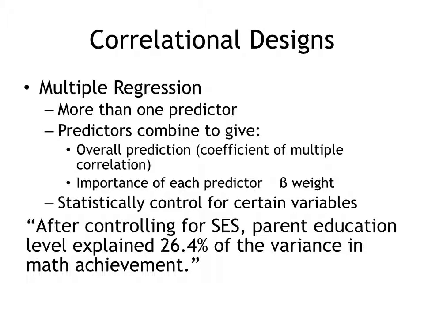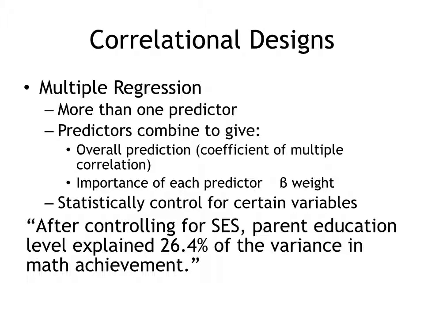So translated, that means that the researcher took parent education and SES, put them together, and found a relationship with math achievement. Then the researcher went in and peeled away the socioeconomic status and was left with the amount that could be explained by the parent education. Let me translate that again.